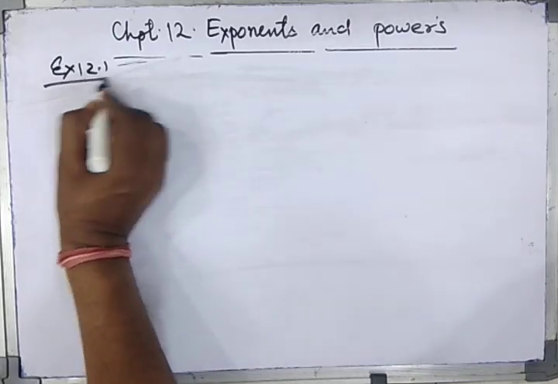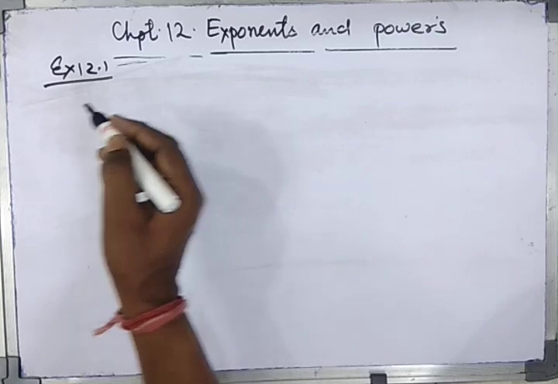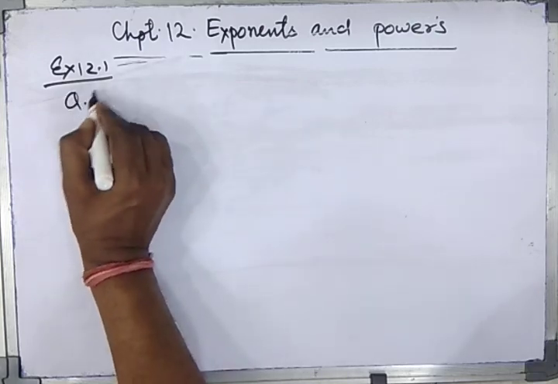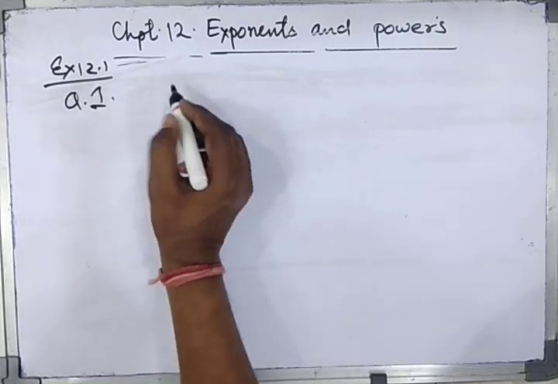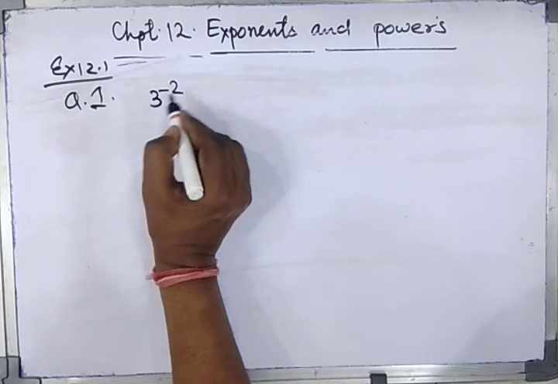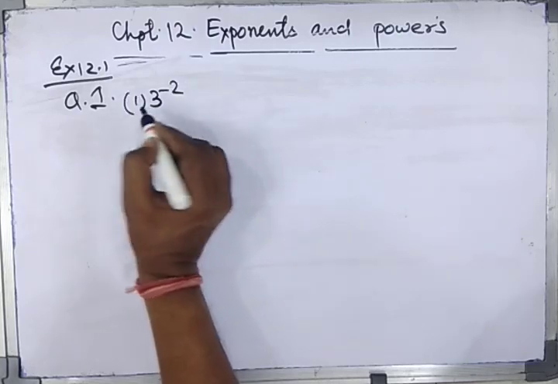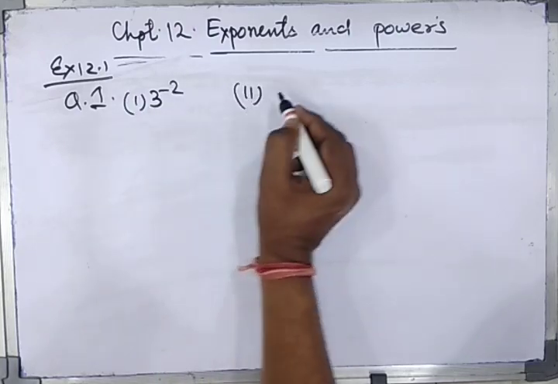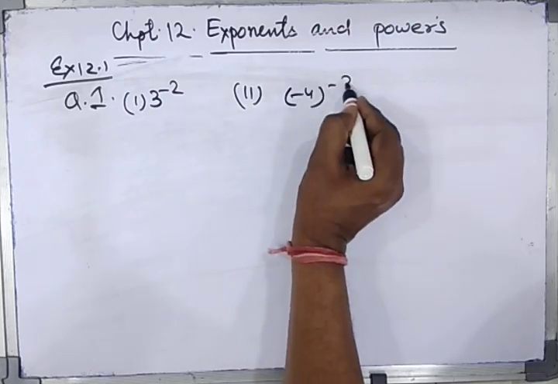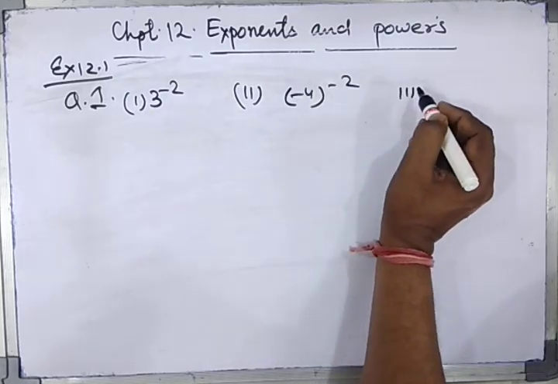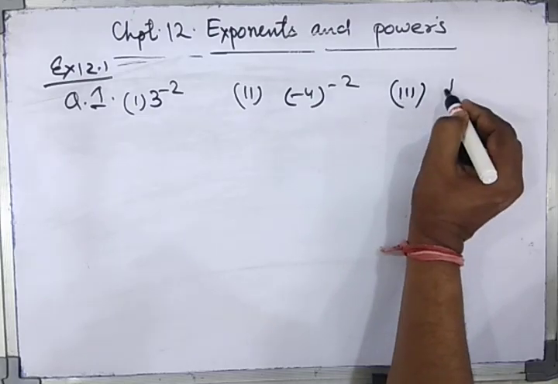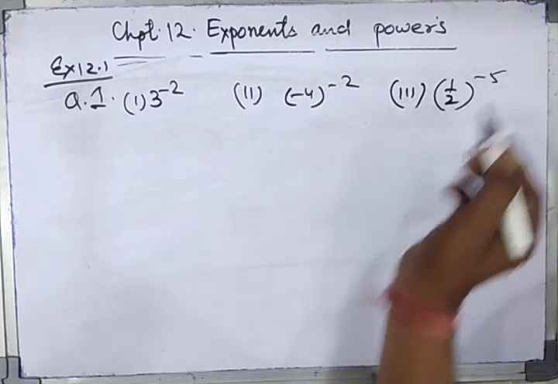Exercise 12.1, question number 1. Evaluate 3 raised to minus 2, minus 4 raised to minus 2, and third one, 1 by 2 raised to minus 5.